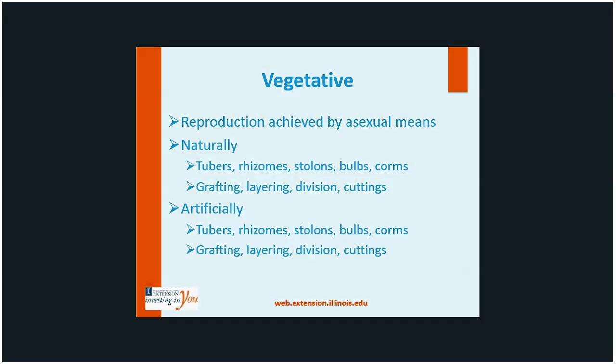Out of 5 seeds, I might have 3 medium height red tulips, I might have 1 tall one, I might have a white one. Now if I want to make absolutely certain that I have only 5 red ones of the same height, I need to make sure that I'm producing genetic clones. Genetic clones meaning that I'm doing this vegetatively.